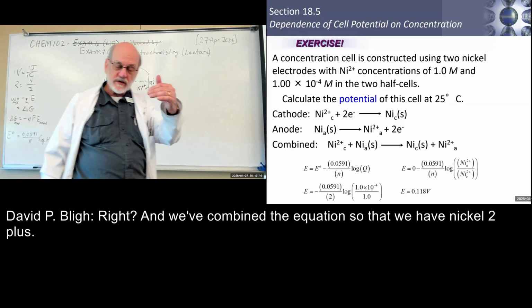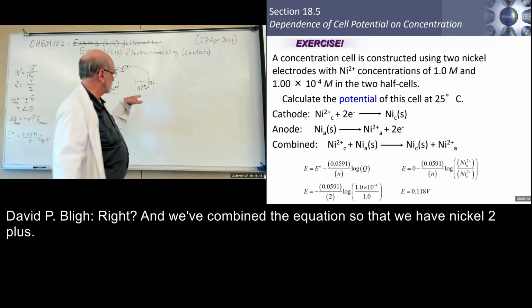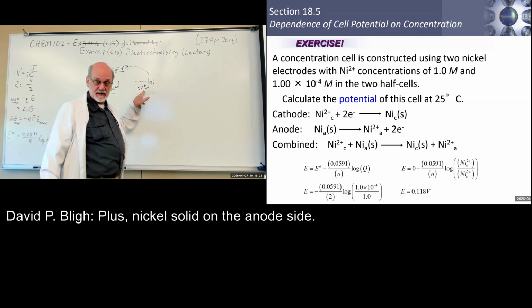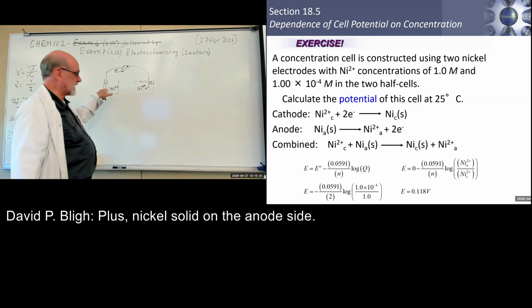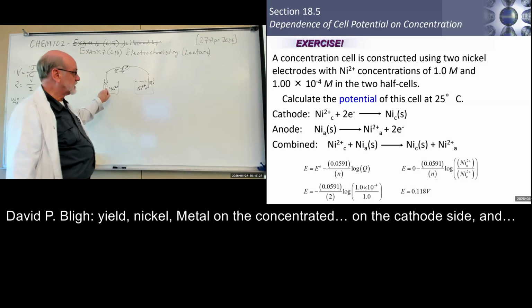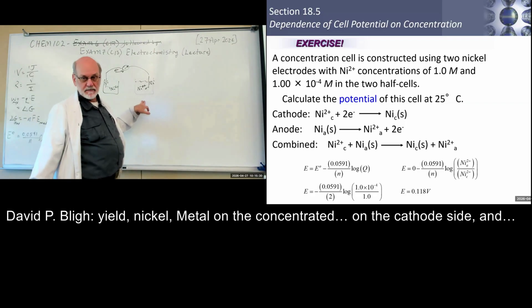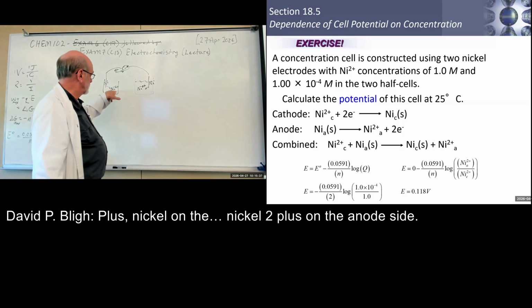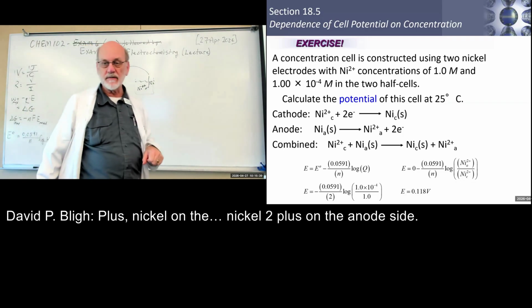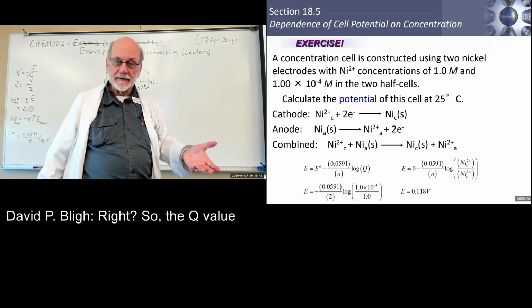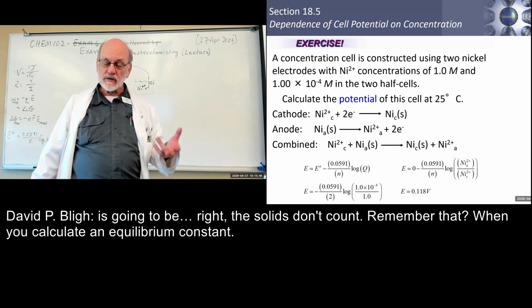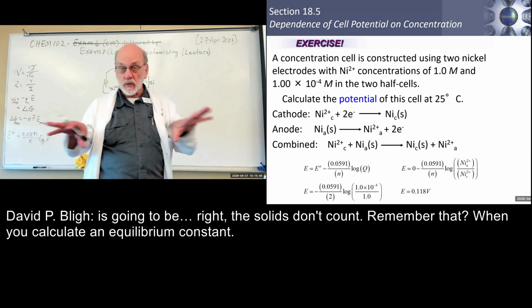And we've combined the equations so that we have nickel 2 plus on the concentrated side, or the cathode side, plus nickel solid on the anode side, yields nickel metal on the cathode side, and plus nickel 2 plus on the anode side. All right. So the Q value is going to be, right, the solids don't count.